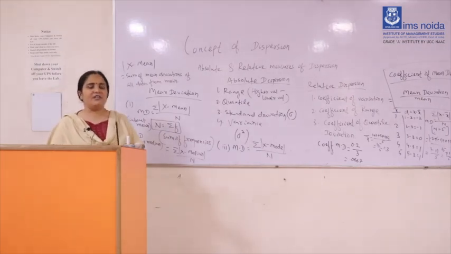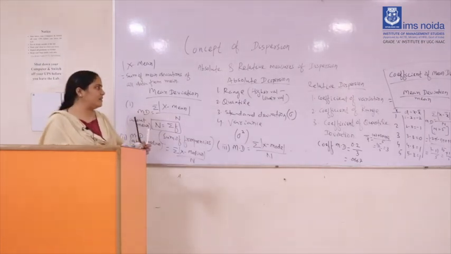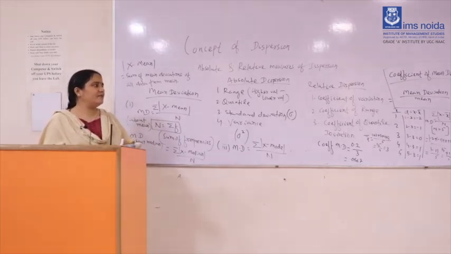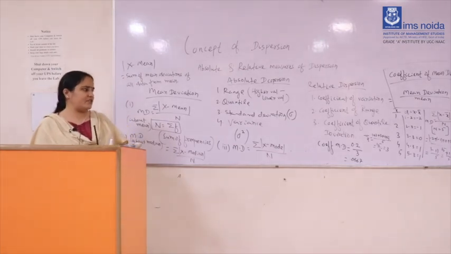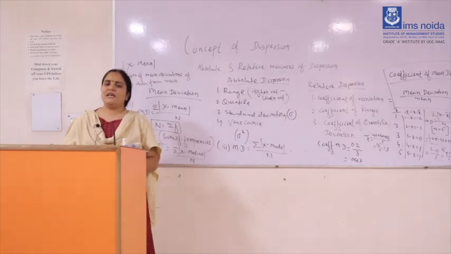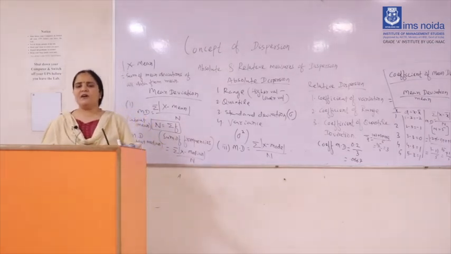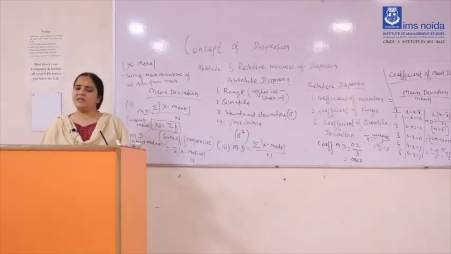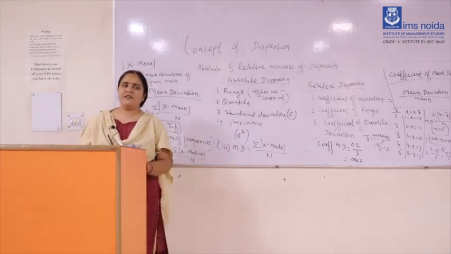This calculation of mean deviation comes under absolute dispersion, and relative dispersion involves finding the coefficient of mean deviation. There are many formulas to calculate the median value and the mode value also. With regard to median and mode, you can calculate the median deviation and the mode deviation.